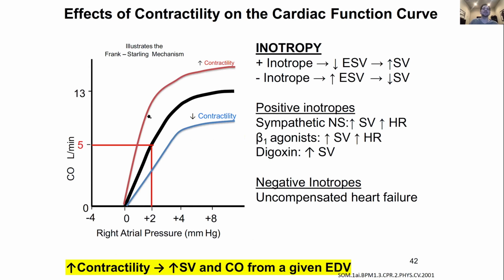And we see that here. We looked at this previously. So if you're increasing or decreasing contractility, you're not affecting preload. You have the same amount of blood in the left ventricle when you contract. You're just squeezing the heart harder. If you squeeze the heart harder, you're going to increase stroke volume, right? You're going to increase the cardiac output just because you're squeezing the heart harder.